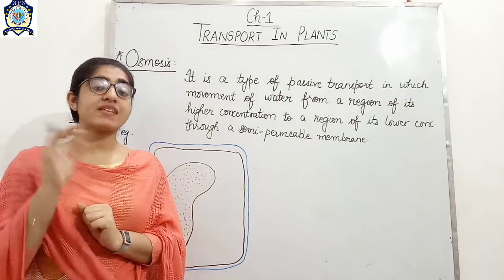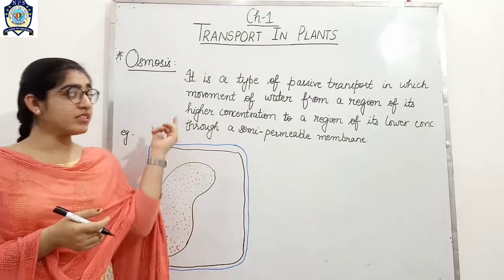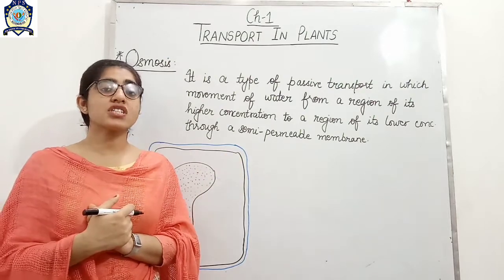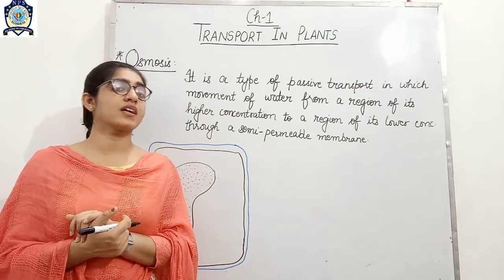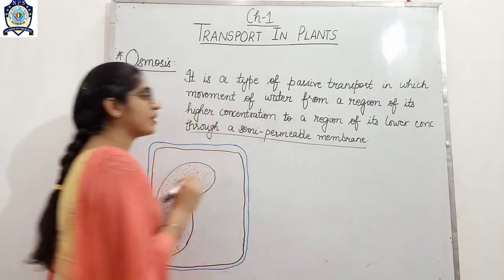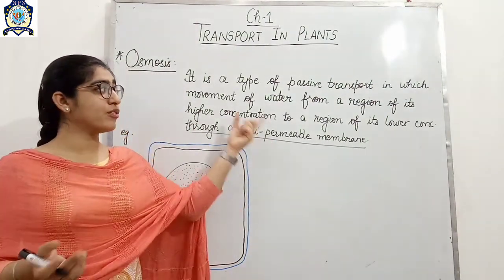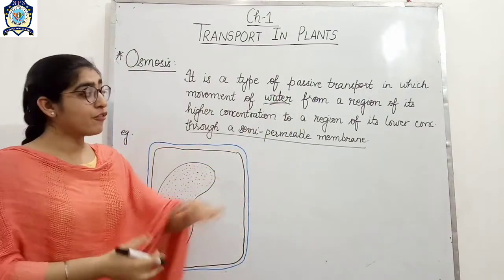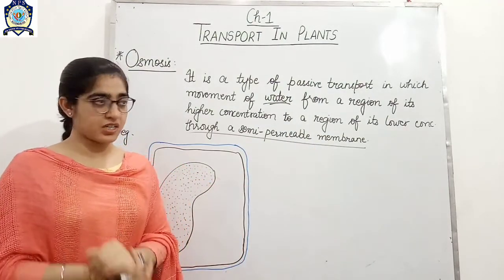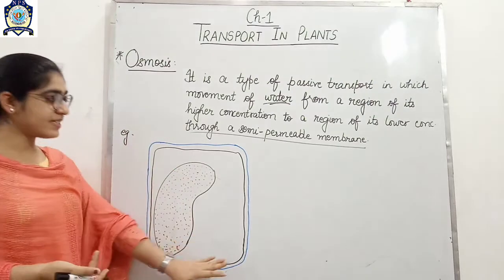Osmosis is a type of passive transport in which water moves, meaning it allows only the solvent particles, as water is a solvent, to move from a region of its higher concentration to a region of its lower concentration, but through a semi-permeable membrane. Osmosis is also a type of diffusion, the diffusion of water molecules from a region of higher concentration to a region of lower concentration, but through a semi-permeable membrane.